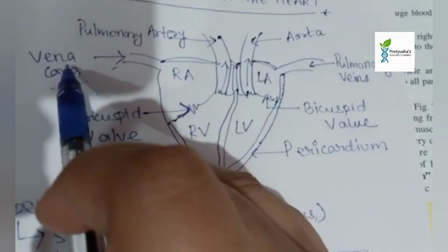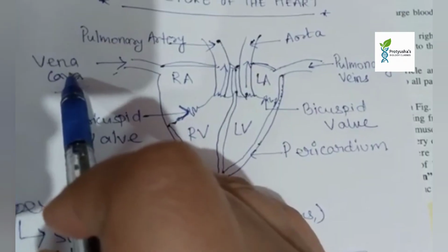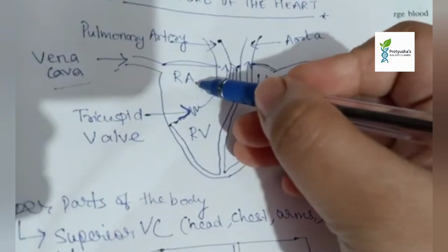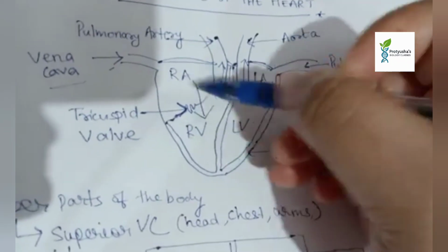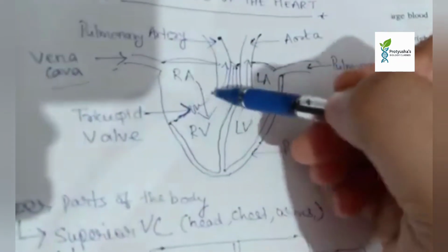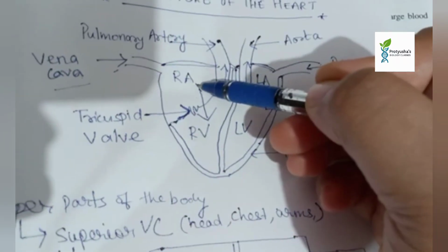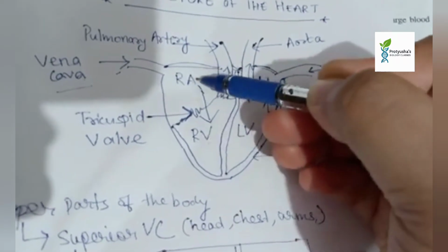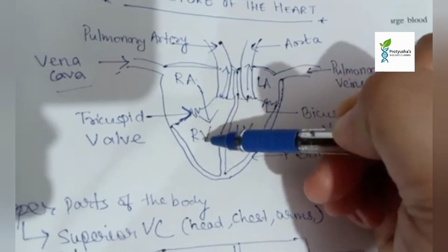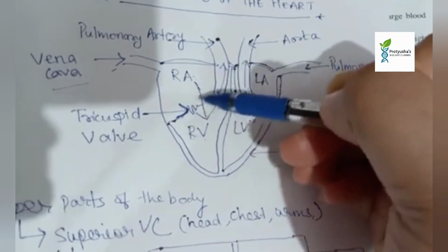So vena cava brings the blood from other parts of the body to the right auricle. From the right auricle, the blood flows down to the right ventricle. Now between the right auricle and the right ventricle, there is a valve.